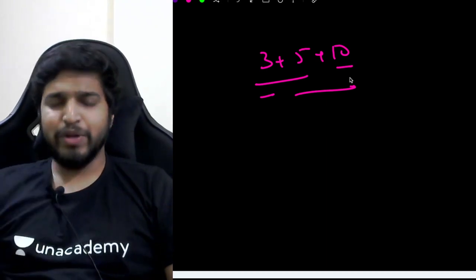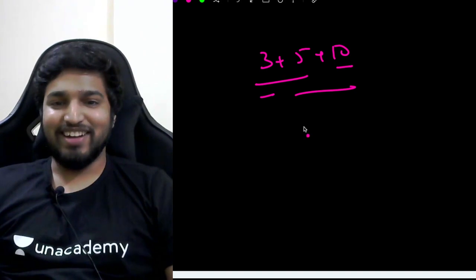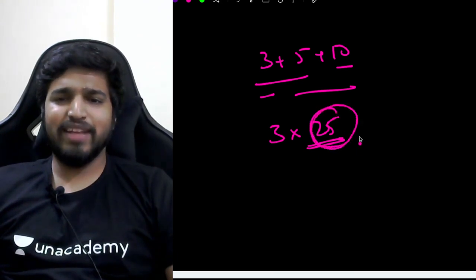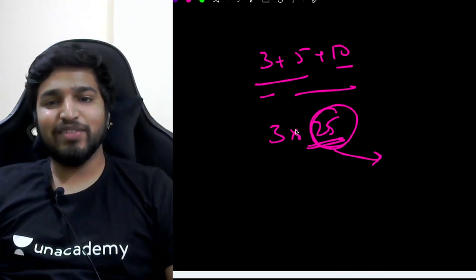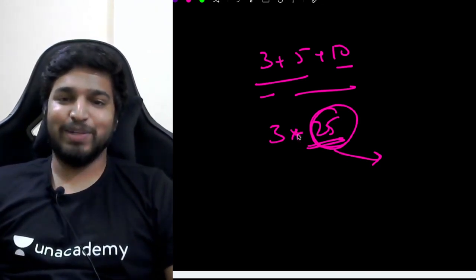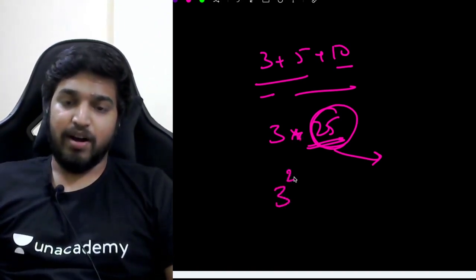Now you're asking, why don't we do binary exponentiation for addition? Why would you do that? If you want to calculate 3 into 25, there's no need to break this up into binary. Because your operating system already knows how to do multiplication quickly, whereas we did not have that luxury for exponentiation.